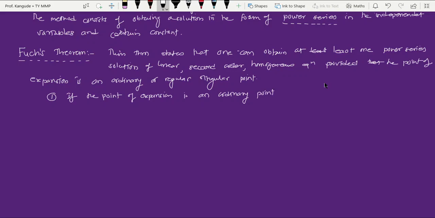Then the equation y'' + p(x)y' + q(x)y = 0 possesses two independent solutions.